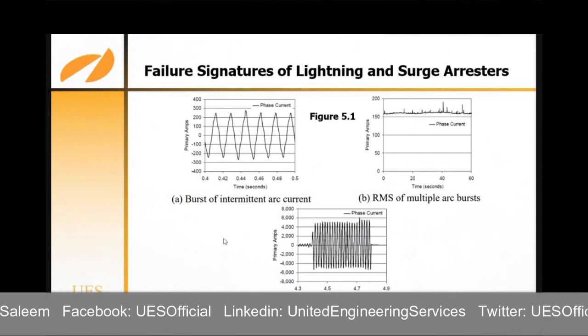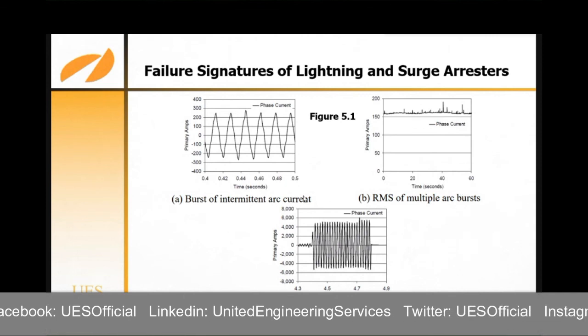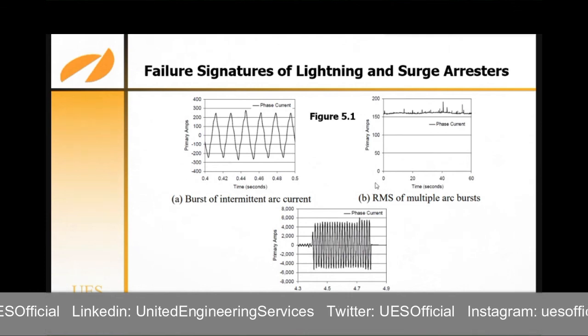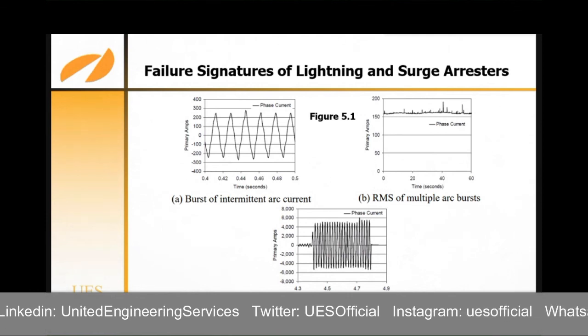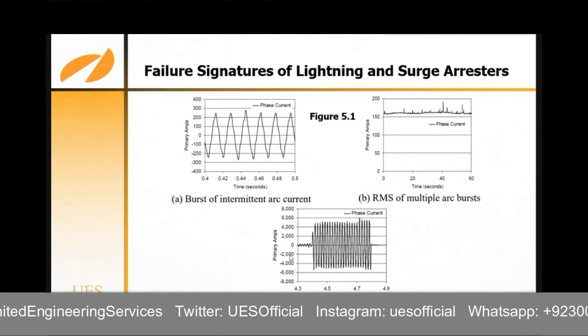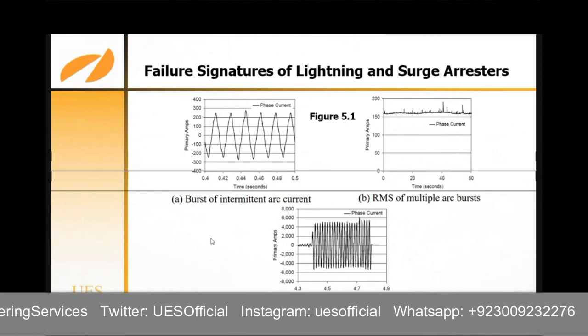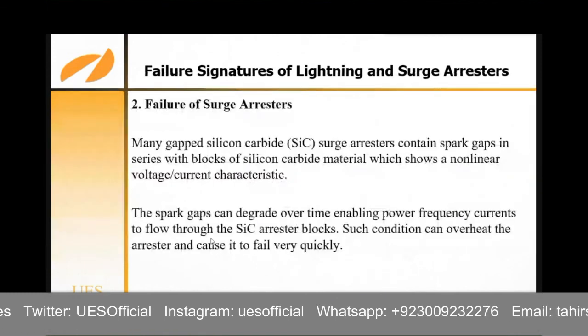Here you can see a burst of intermittent arc faults, and these are the RMS multiple arc bursts, and this is the final failure of such equipment.